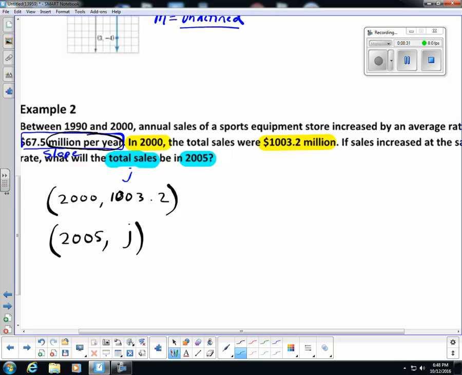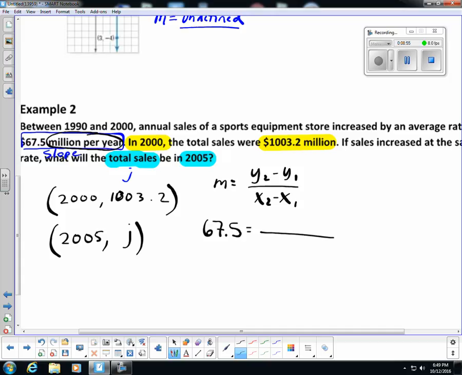Okay, so now we need to write an equation to figure this out. So to write this equation, we're going to use the slope formula. Slope is equal to, okay, all right, first of all, M, what's our slope? That's our rate of change. I labeled it in the problem, 67.5.